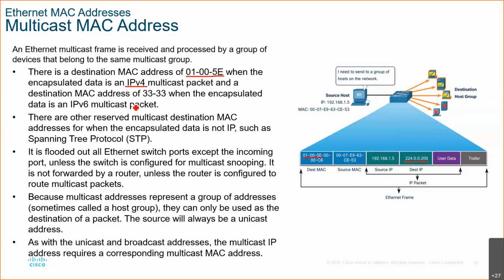But if the destination is 3333, then you know it's an IPv6 multicast address. So multicast is a group of computers that share the addresses.